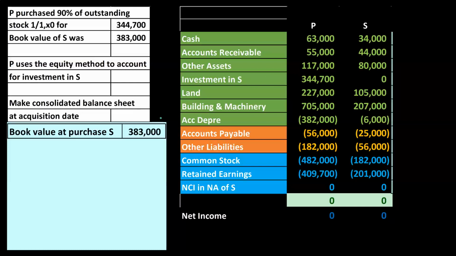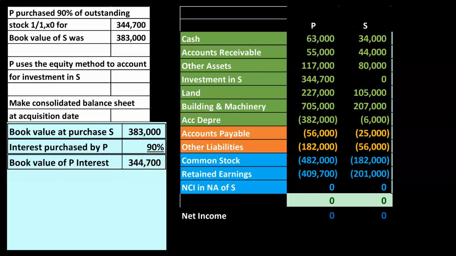So if we do that same calculation, remember we have the book value for the purchase. This is the book value of S, which we just saw was the assets minus the liabilities, or just the equity section down here. Same thing, of course. And then we have the interest purchased by P, 90%. That means that the book value of P's interest is the 344.7, and the amount that was paid was the 344.7, right?